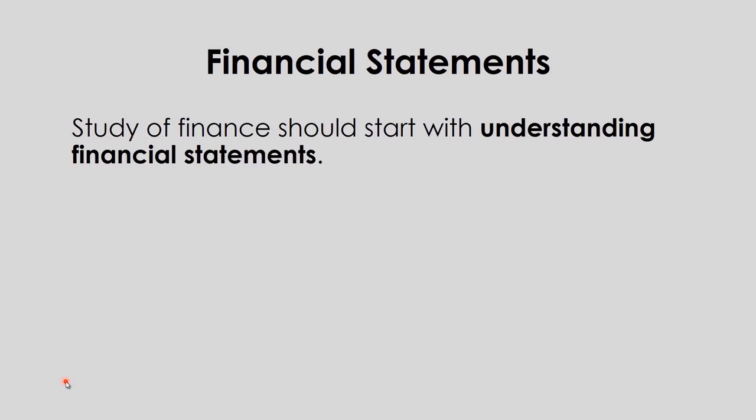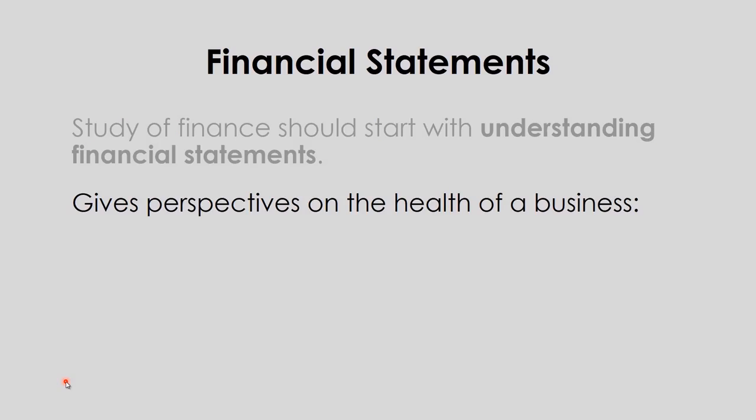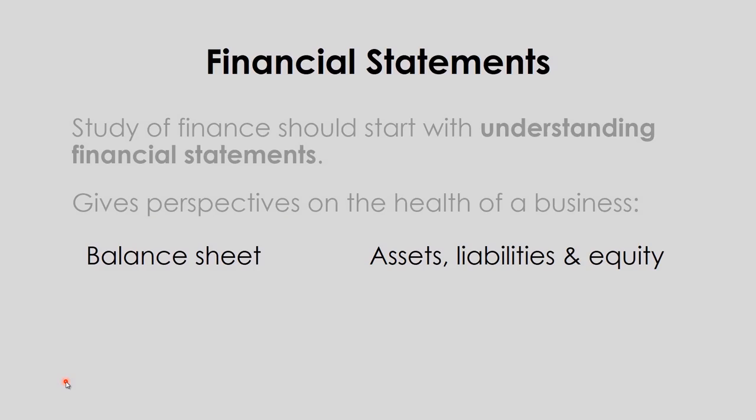Study of finance should start with understanding financial statements, and there are three key financial statements. These financial statements will give perspectives on the health of a business. The first is a balance sheet, and it shows how a company finds money and how it uses the money by showing a company's assets, liabilities, and equity.